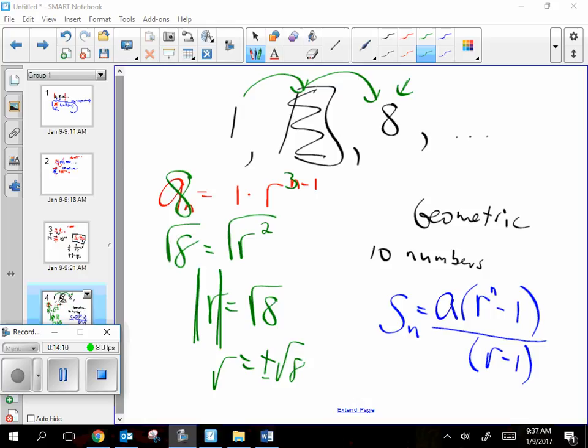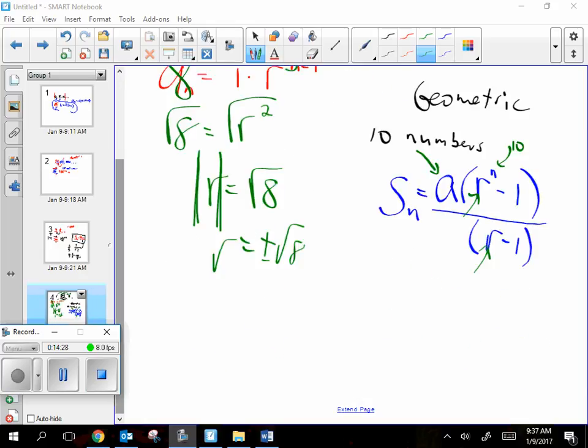Okay. All right, now once r is root 8, then that's all I need to know, because that goes here and here in your formula, and my starting values right there, and then my how many I want, 10, goes right here. So I totally get that on a test you would not have been able to get this final answer of square root of 8 to the 10th minus 1.